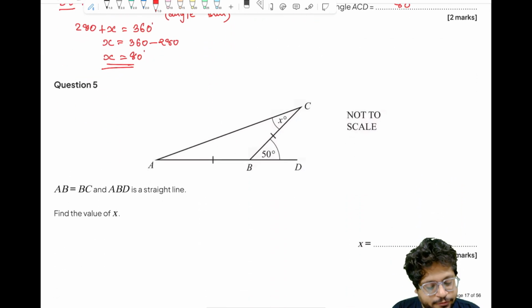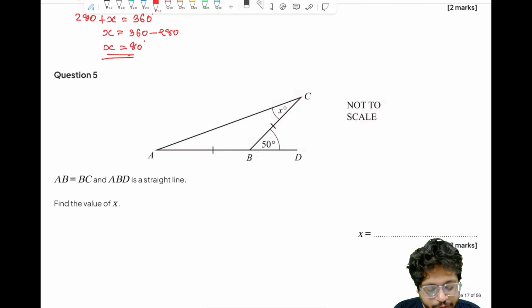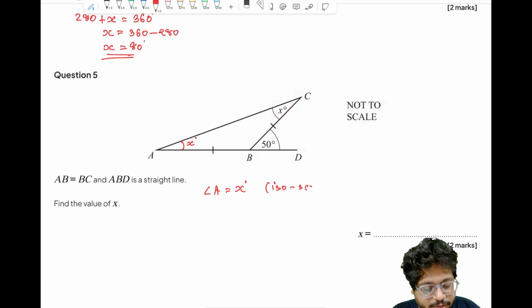Okay. See the fifth question here. ABC is an isosceles triangle where AB is equal to BC. If they are isosceles, then this angle A is also equal to X, because in an isosceles triangle the two angles which are opposite to the two equal sides are equal to each other. So I'll write angle A is equal to X. Reason is isosceles.